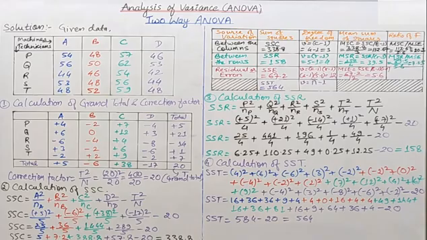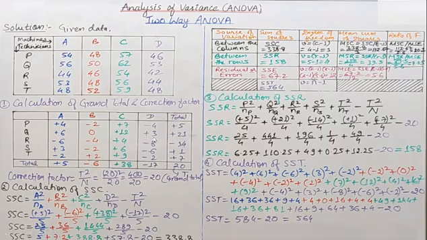So SST will be equal to 4 square plus 6 square minus 6 square plus 3 square minus 2 square minus 2 square 0 square minus 4 square minus 2 square plus 2 square plus 7 plus 12 plus 4 square plus 6 square plus 9 square minus 4 square plus 3 square minus 8 whole square, minus 6 square minus 2 square.